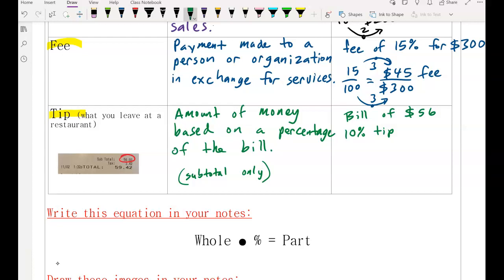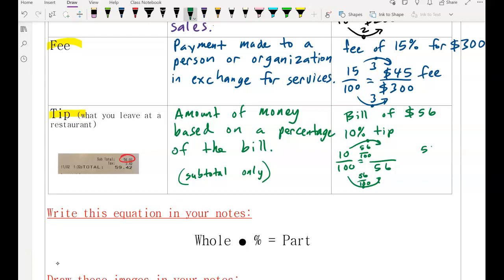Remember, percent is out of 100, so 10% is 10 out of 100. The total bill was 56. So how do you get from 100 to 56? Well, you would multiply by 56 hundredths, and you do the same exact thing up top times the 10.